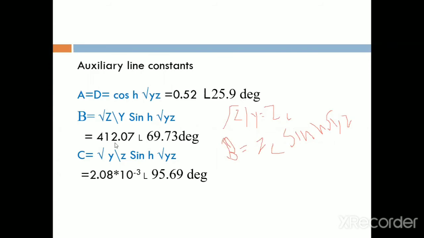Okay, that means we write down root z by y is equal to ZC. Then B is equal to ZC into sinh root of yz.